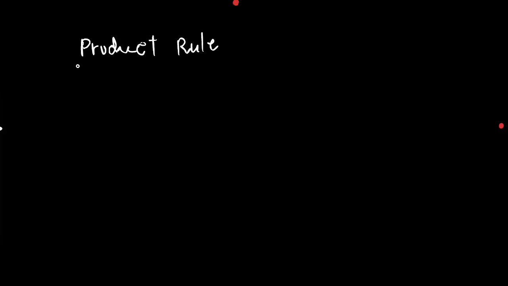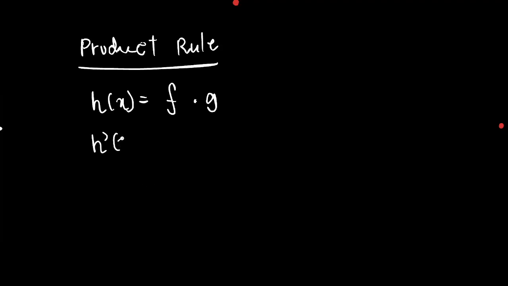If we have some function h of x that's equal to some f times g, again, it's the product of two different components, as the name would suggest, well then the derivative of our h of x, h prime of x, is going to be equal to f prime times g plus f times g prime. So this looks a bit confusing immediately, but it'll make a lot more sense when we look at it in practice.